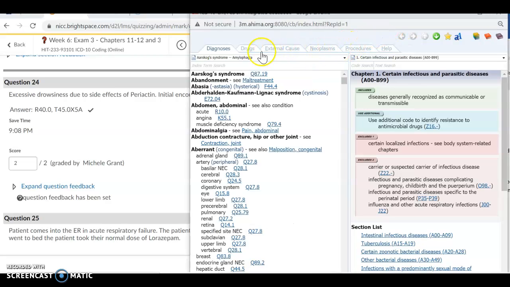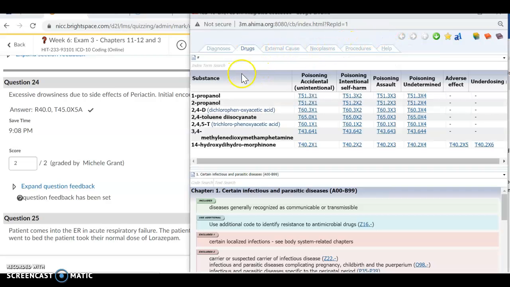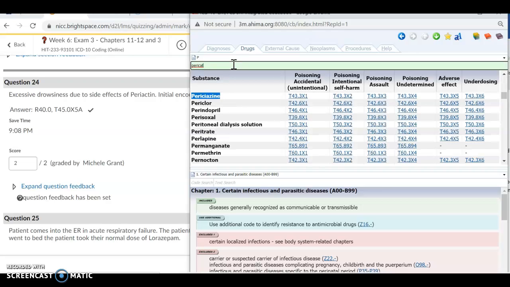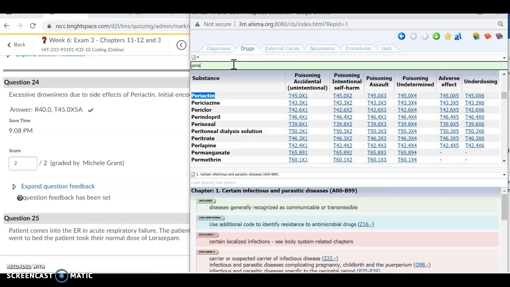So if I go to drugs and put in, make sure I spell it right, so I go over here to adverse effect, T4505.